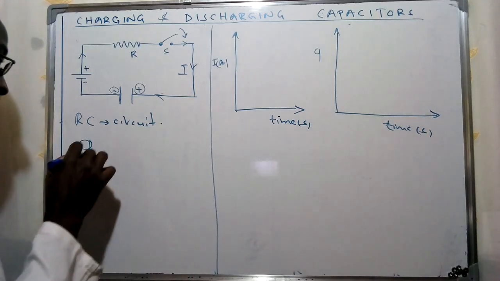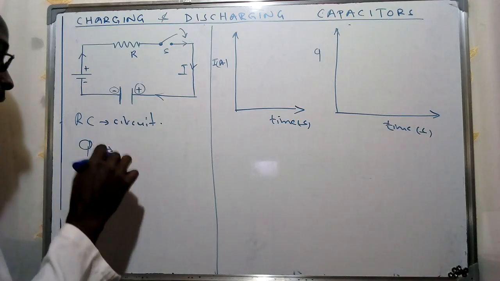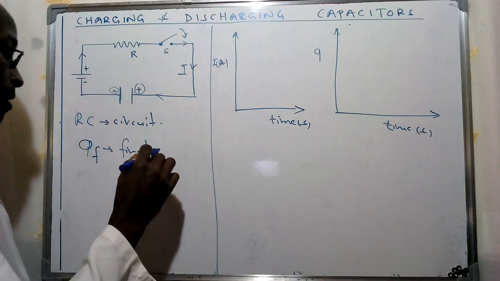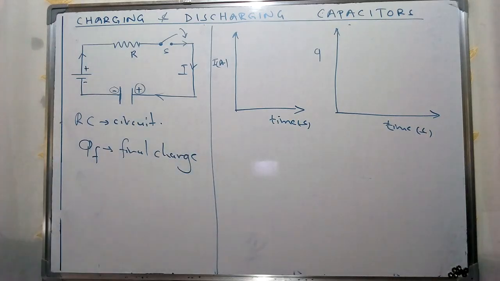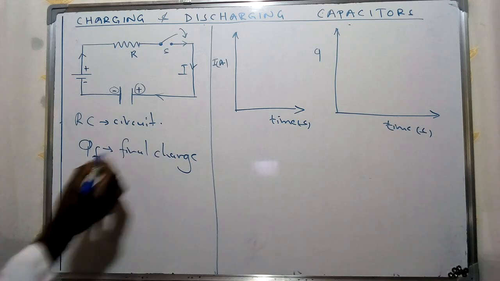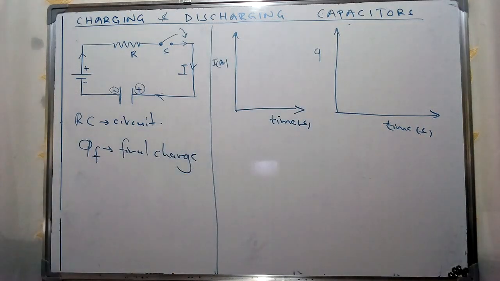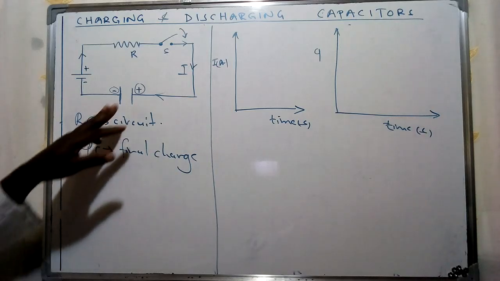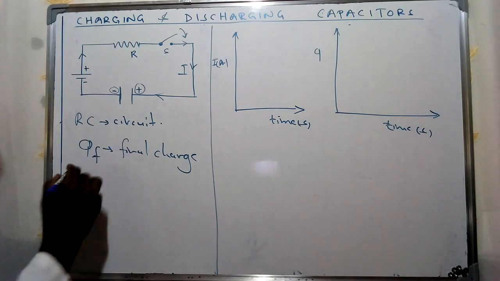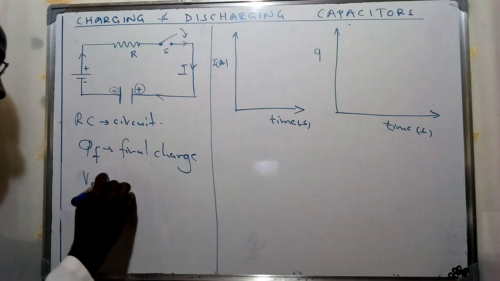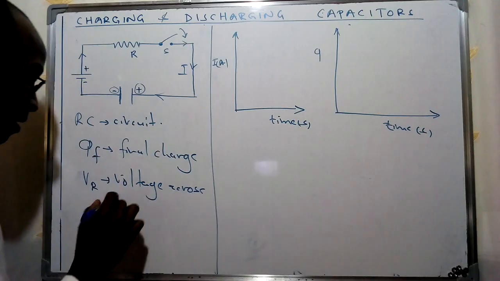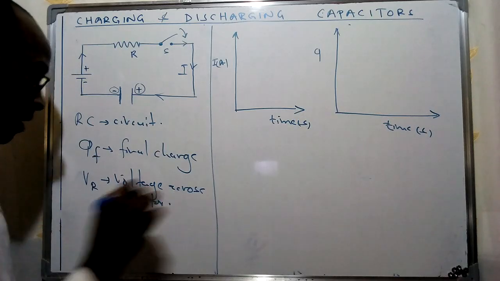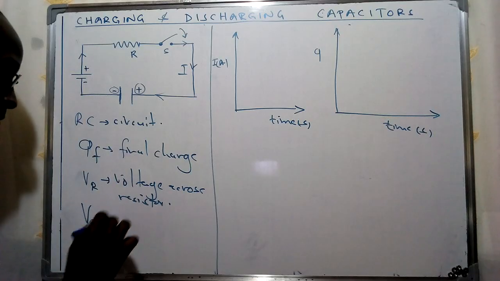Now we had said that we can give the final charge of this capacitor using this initial, Q sub F, and this of course is going to assist us in interpreting the second part of that graph. We also mentioned that the voltage across this resistor can be given in terms of V sub R. So this is going to be the voltage across the resistor, and then we said that we can give V sub C in terms of the voltage.